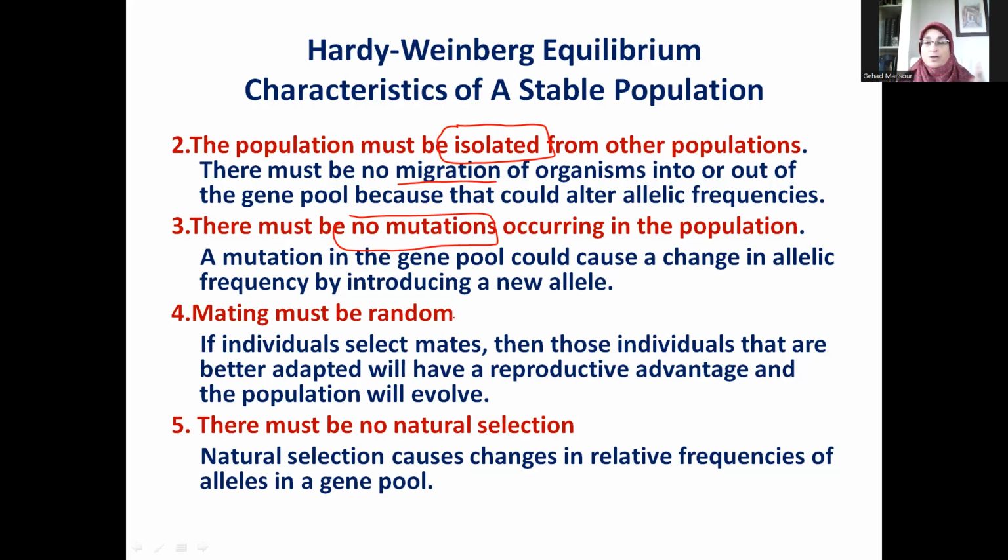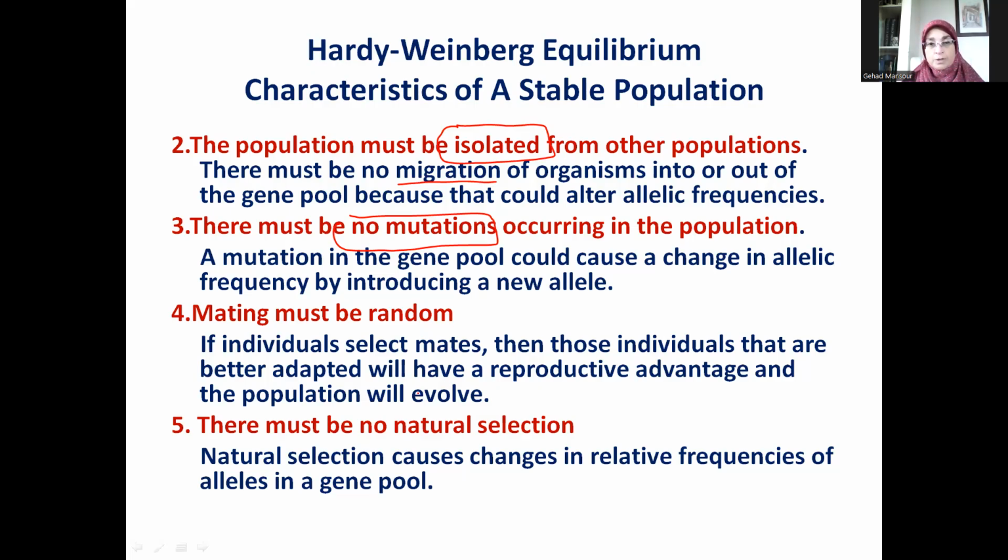So when Hardy-Weinberg set this equilibrium, or the conditions for an equilibrated stable population, they didn't mean that there is a population like this in the world, but they just set the conditions for a stable population so that if there is an evolving population, we can do our calculations based on that equation.